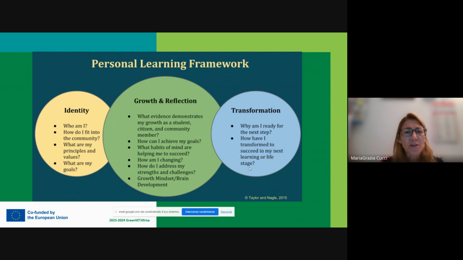How can I achieve my goals? Here we have to do another very important exercise to make the students comprehend the difference between a goal, a general goal, an aim, and an objective.